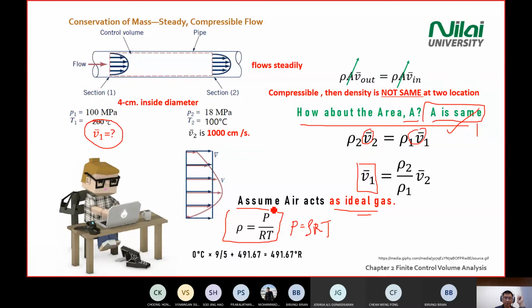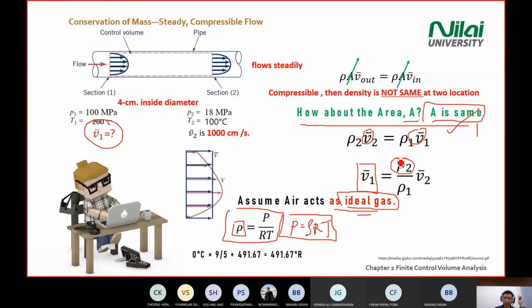Every time you see the keyword ideal gas, you need to write this equation, either in terms of P, R, or T, but you need to call out this equation. Why do we fix it with rho? Because we need to find rho here. We do not know the rho, so we need to find it. There's a reason why it gives you temperature here. Why does it give you T1 and T2? Because in the ideal gas equation, there's a T there.